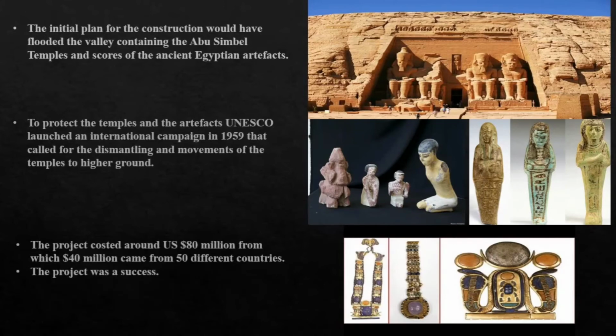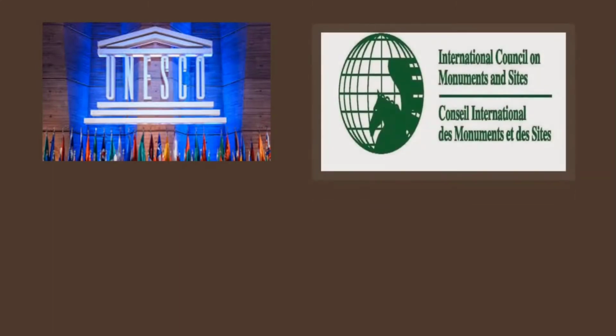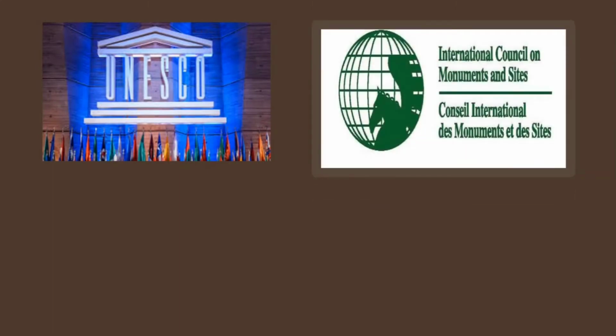The project costed around 80 million US dollars, from which 40 million came from 50 different countries, and the project was a success. Hence, later UNESCO and International Council on Monuments and Sites started a draft convention to create an international organization responsible for protecting cultural heritage.